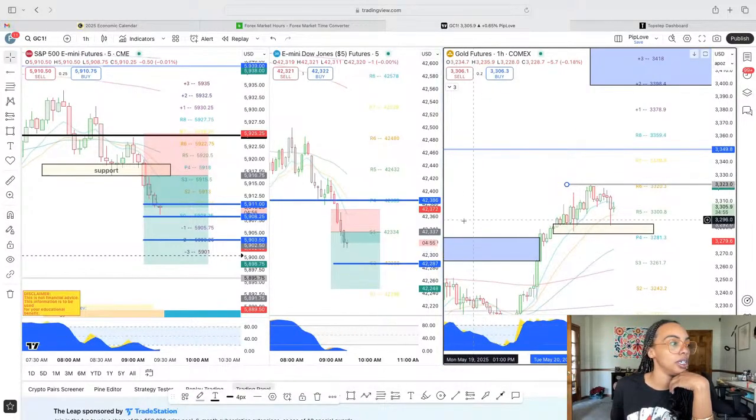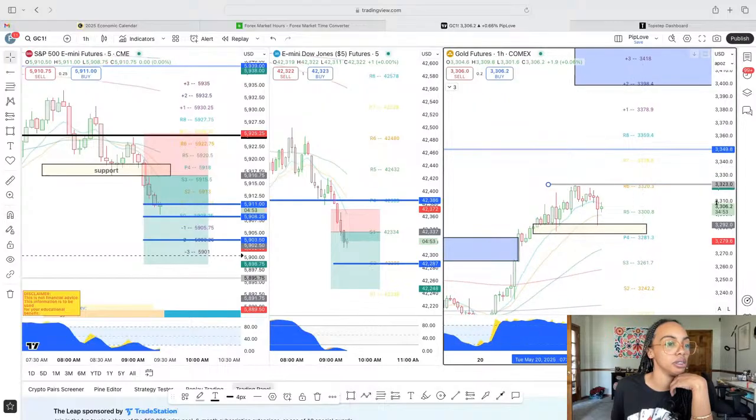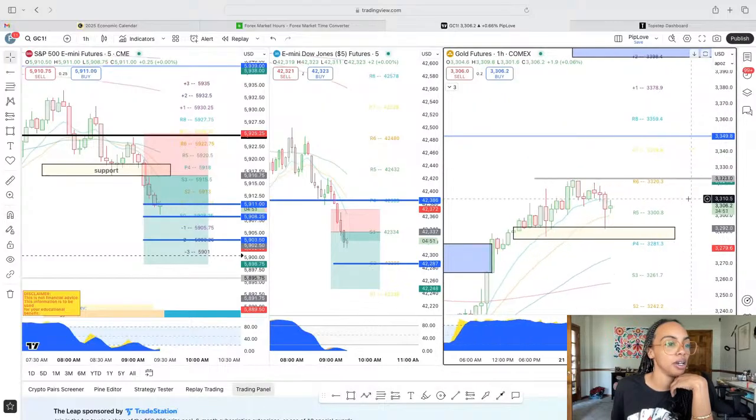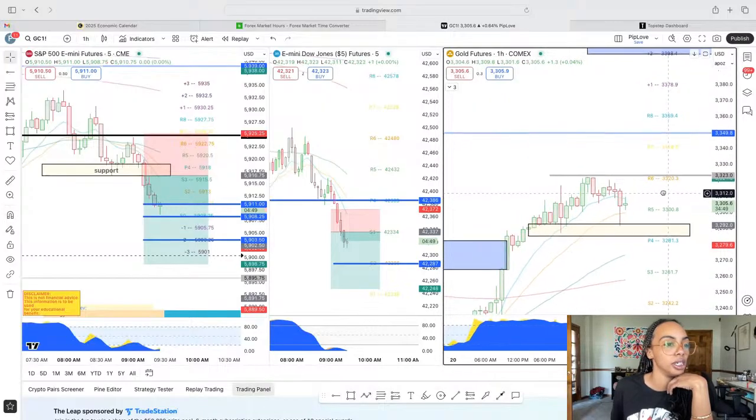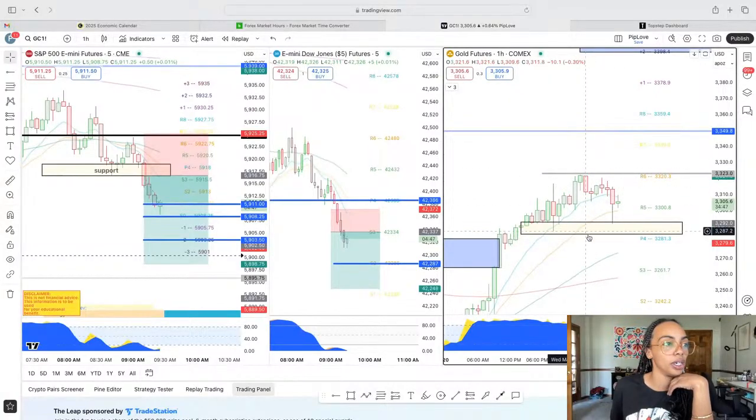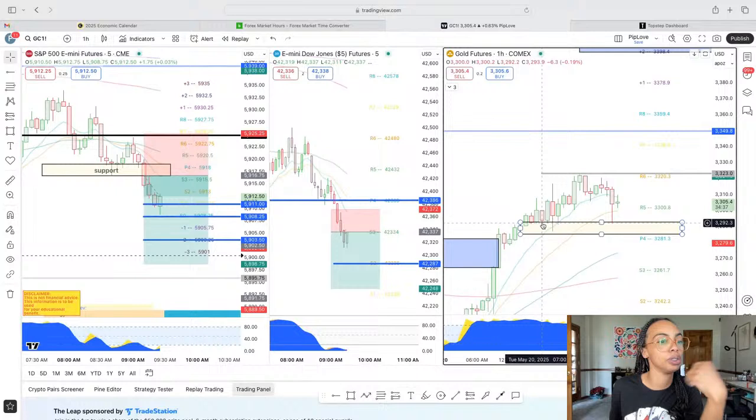ES hit TP1, TP2, take profit 1, take profit 2, hit those levels. Alrighty, so for gold, we want it to break above 32.23. We have our support here at the 32.90 area here.